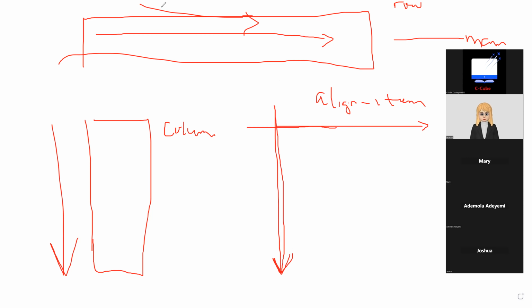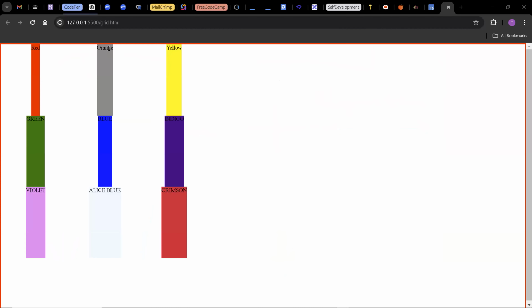Now, if I go back to the screen, you will see that in the vertical direction, the content kind of stretched from top to the end. Oh, I've cleaned away those marks. Okay, no problem. So now you can see that it stretches from the top of the cell to the bottom of the cell. That is because the default value for align items is stretch.